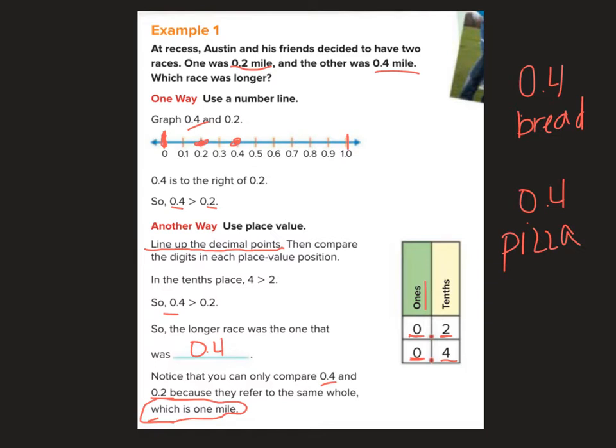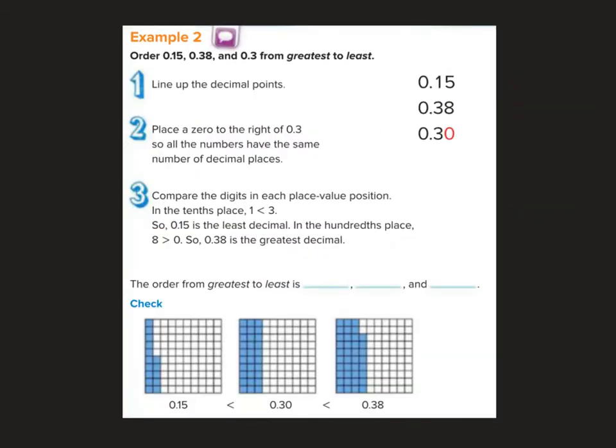No way. So we have to make sure that if we're comparing things with decimals or even fractions, we're comparing the same things. That's why with fractions, we need to get a common denominator. Because if we don't have a common denominator, we cannot compare, it's like comparing bread to pizza, right? Half a bread, half a pizza, not comparable. So anyways, sorry, I'll get off my soapbox and let's keep moving.